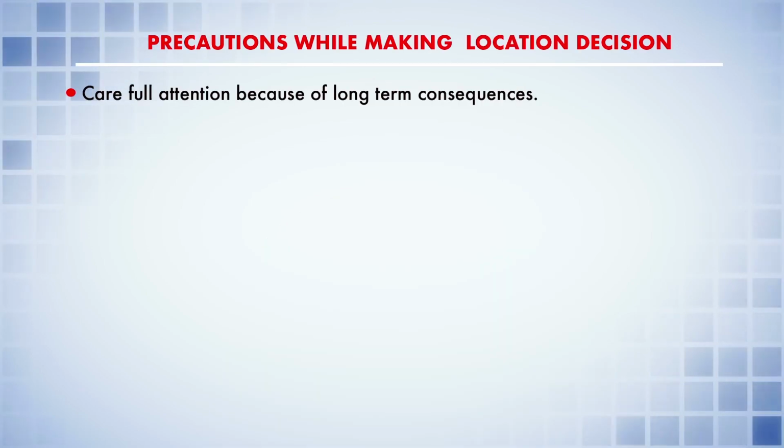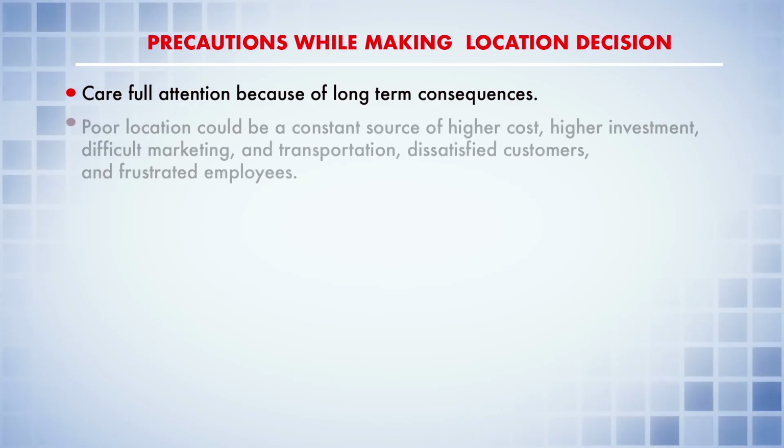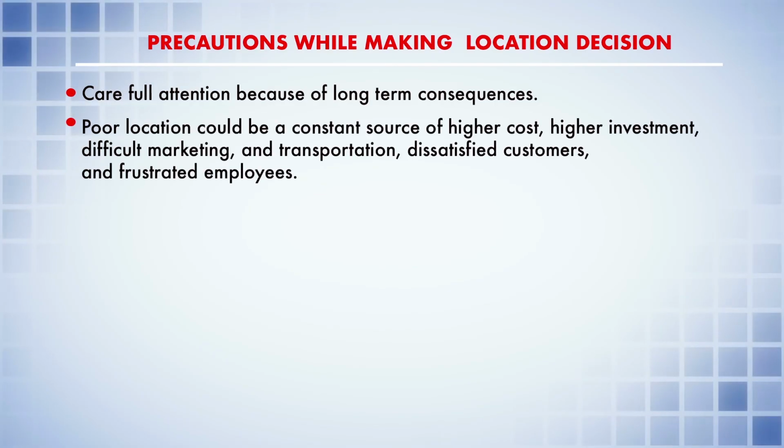Now, what precautions does one have to take while making the location decision? You will appreciate that this is a long term decision. If your selection is poor, it will affect the future financial position of the unit.